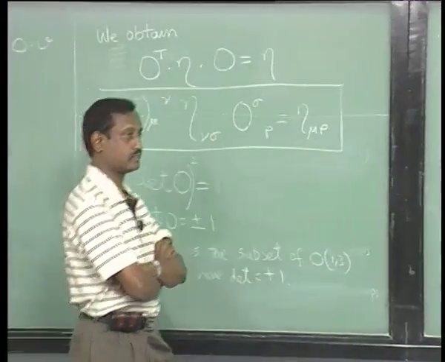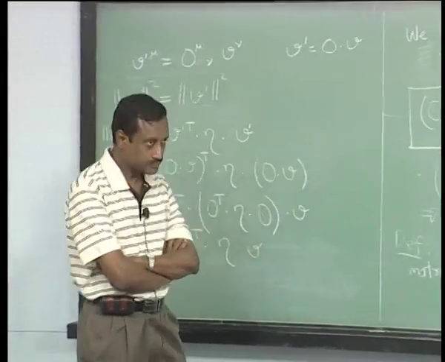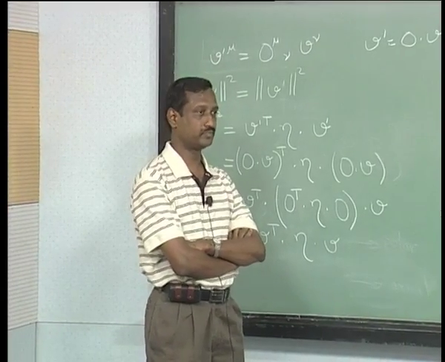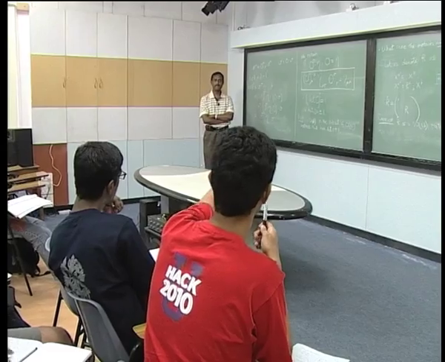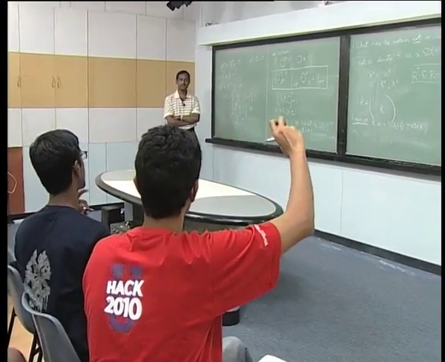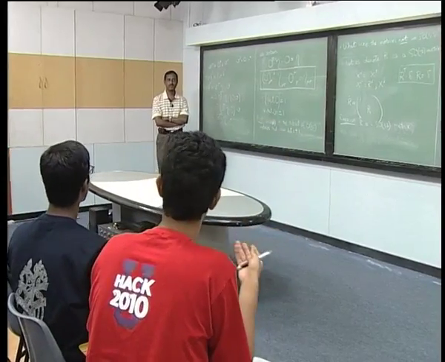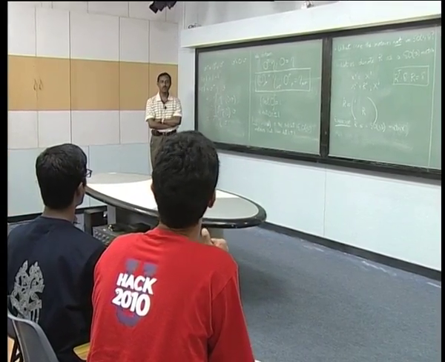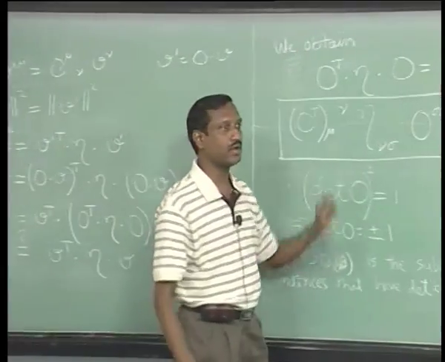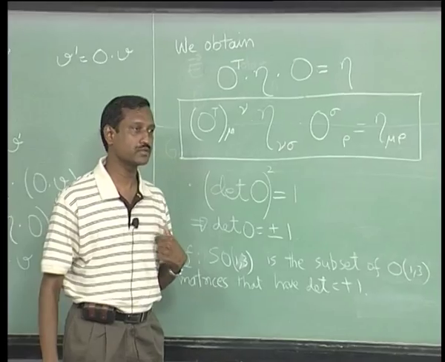Yes. If you look at delta being the metric for the Euclidean space and eta for the Minkowski space, would you say that any equation of the form of matrix transpose, metric, matrix, is the definition of rotation or orthogonal matrices? So the general statement is that we replace eta by any symmetric matrix.